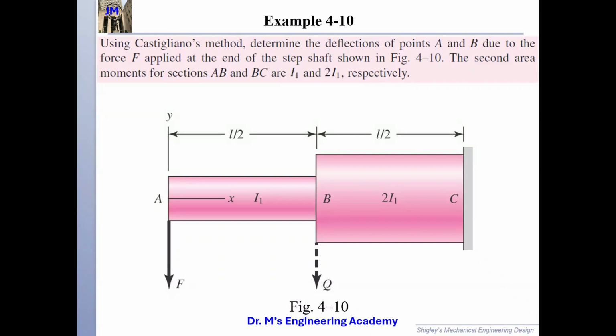We take the derivative of the total energy with respect to the force acting on the point of interest. So this delta_i and F_i must be referring to the same point and the same direction.